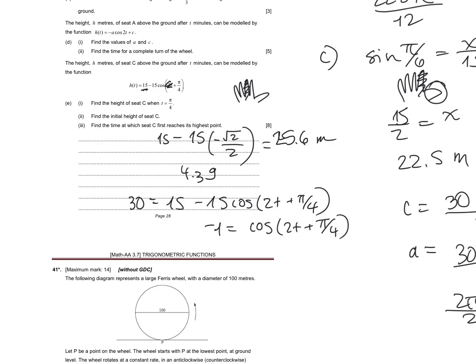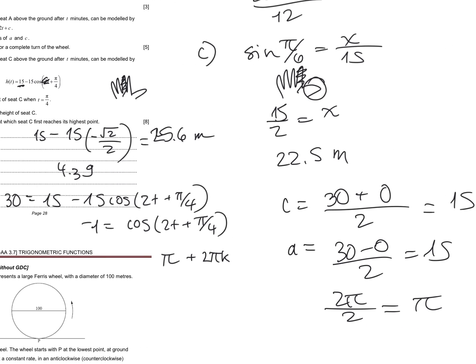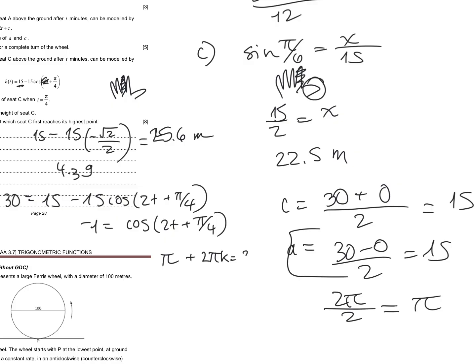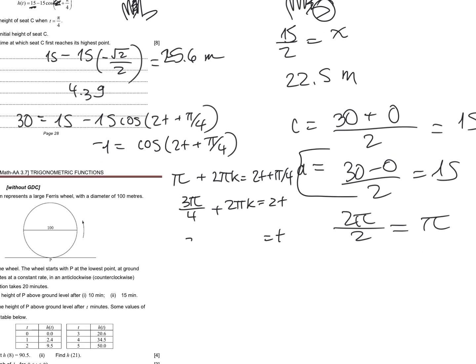Cosine's negative 1 at pi plus 2 pi k. So this is equal to 2t plus pi over 4. If we subtract pi over 4, that's 3 pi over 4 plus 2 pi k, and then we divide by 2. So that is at 3 pi over 8. Yeah, 3 pi over 8.